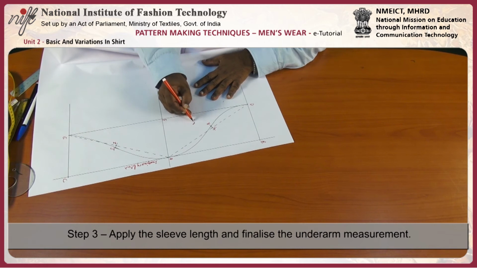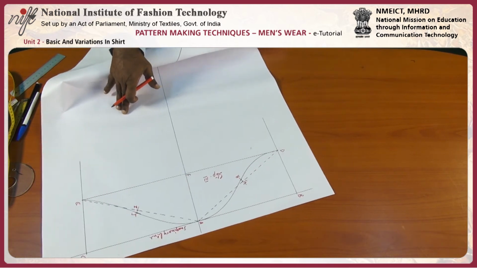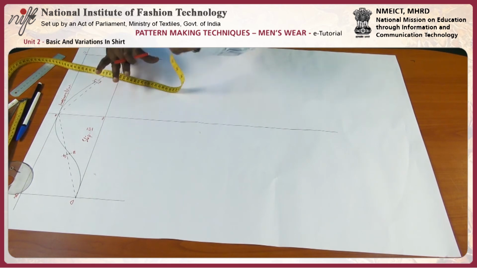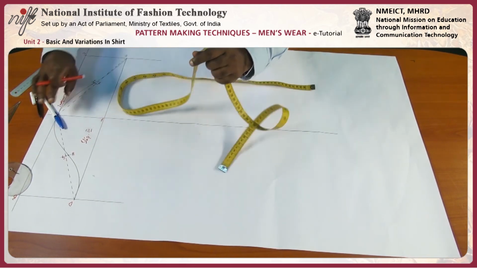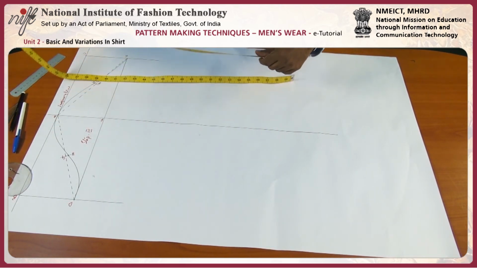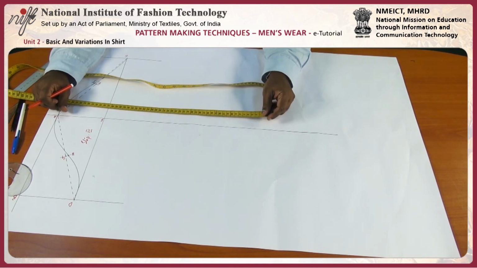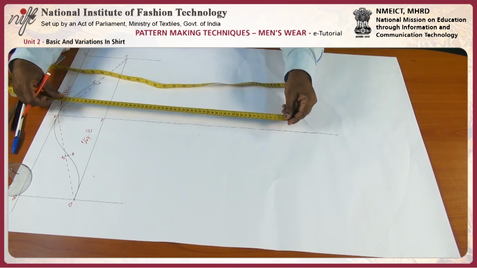Step 3. A to K is the sleeve length, excluding cuff width. Cuff width will be 6 centimeters.